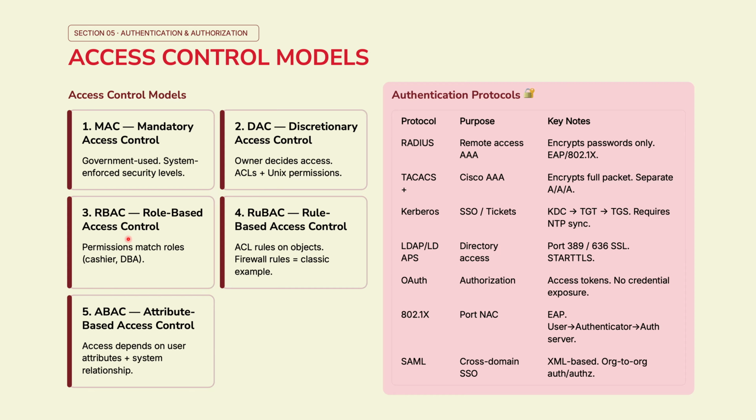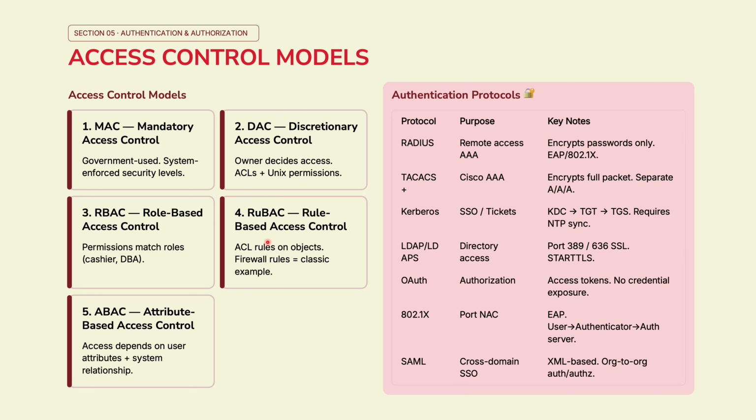Third, role-based access control assigns permissions based on organizational roles rather than individual identities. The process follows a clear chain. Role assignment leads to authorization, which leads to permission. Now, this model significantly simplifies administration in large organizations.